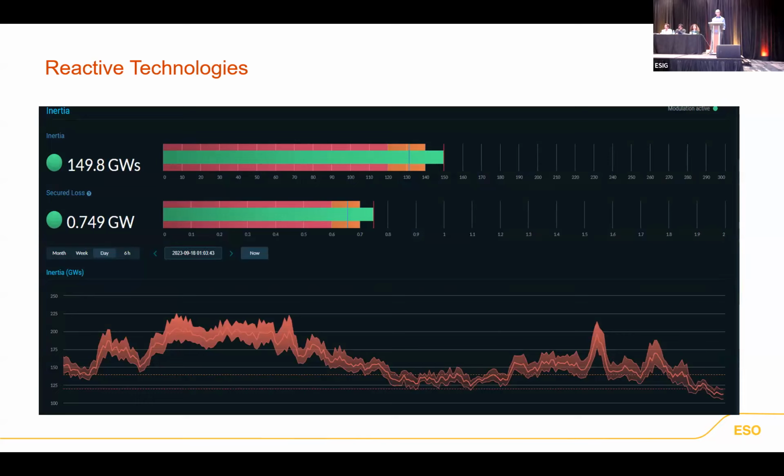We're still building our confidence with this. We're still working with the control room, comparing it to our offline tools as well, just to make sure that the calibration of the results is accurate. But on the whole, the trace and the inertia that we've assumed over the years closely aligns with the measurement the Reactive Technologies is giving us.